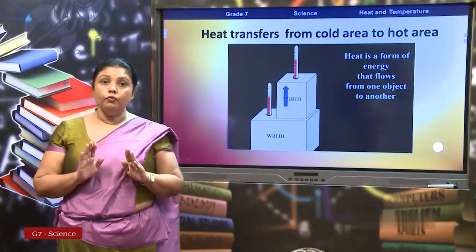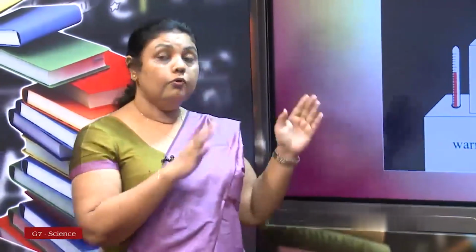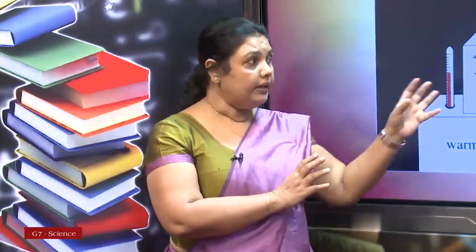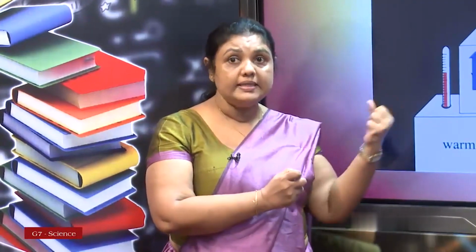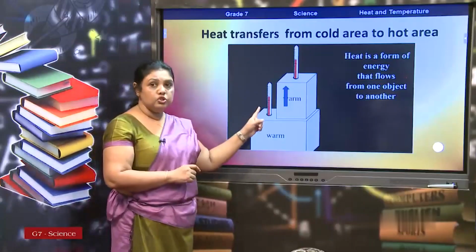It is a form of energy moving from one place to another. The cold place absorbs heat and the hot place gives out heat. So that is what you saw here.